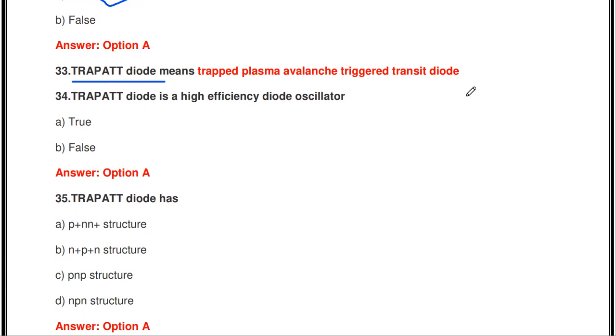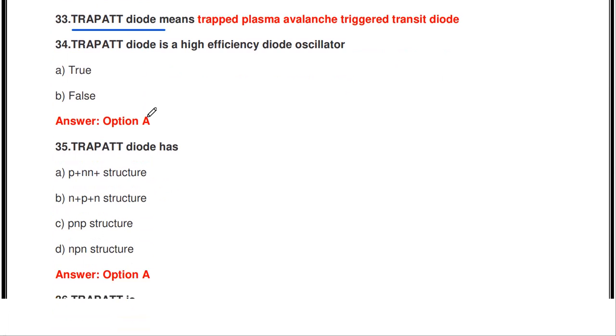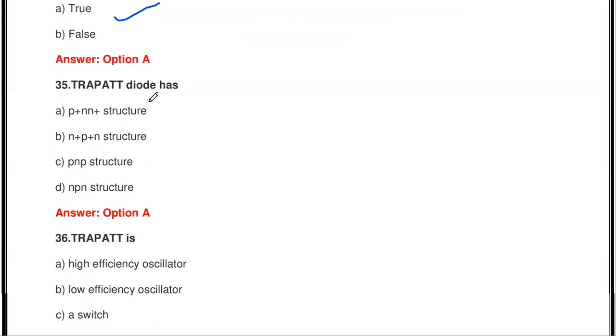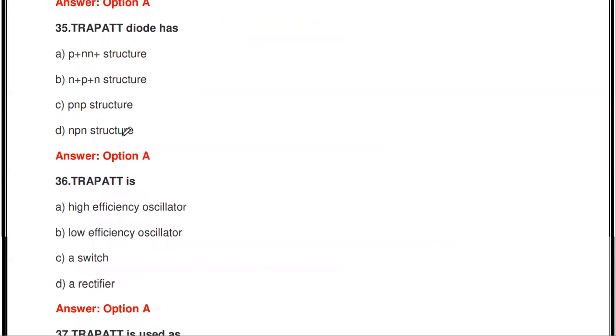And the TRAPATT diode is a high efficiency diode oscillator. True or false? True. Then the TRAPATT diode has which structure? P plus N plus structure, N plus P plus N structure, PNP structure, NPN structure. The first one is correct.